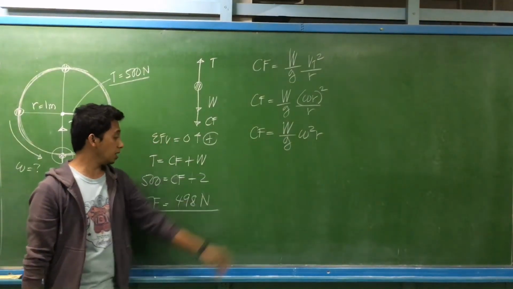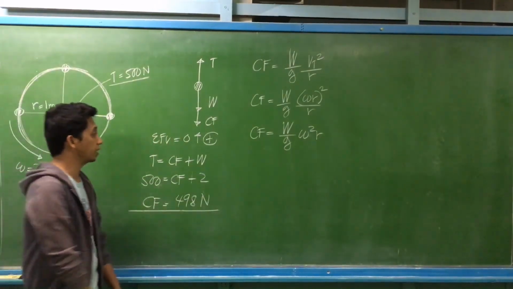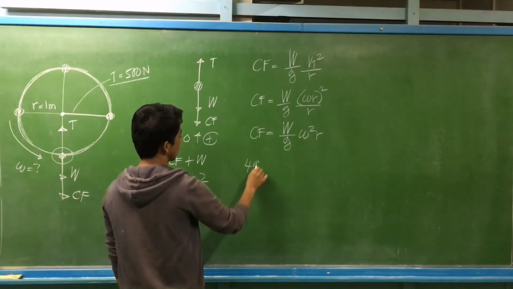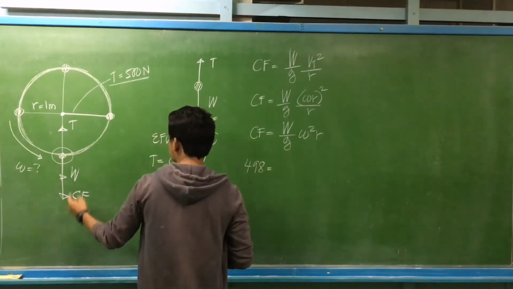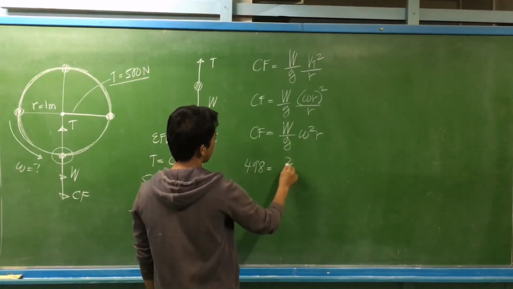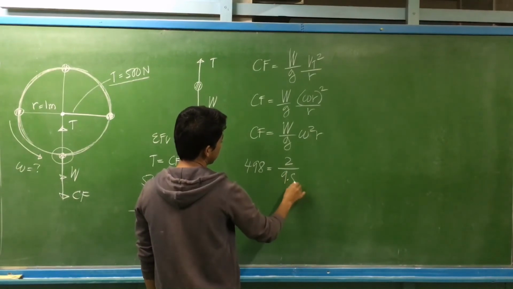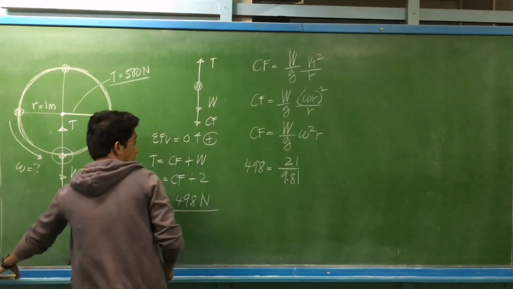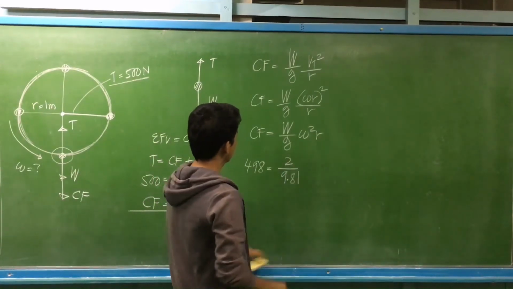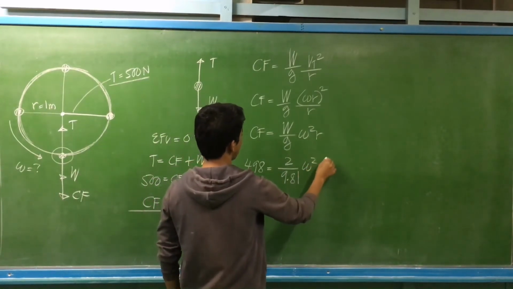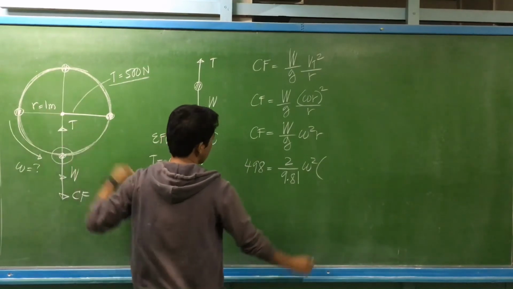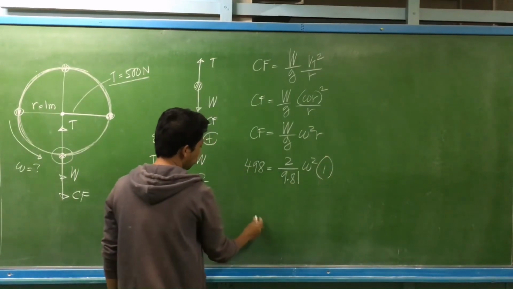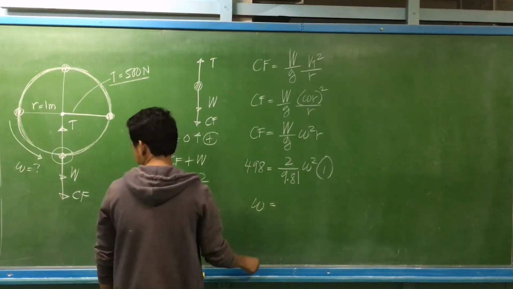What is the value of the centrifugal force? We have 498 newtons equal to, what is the weight of the object? That is 2 newtons divided by 9.81, multiplied by the angular velocity squared. What is our radius? We have 1 meter. We can now compute the angular velocity.